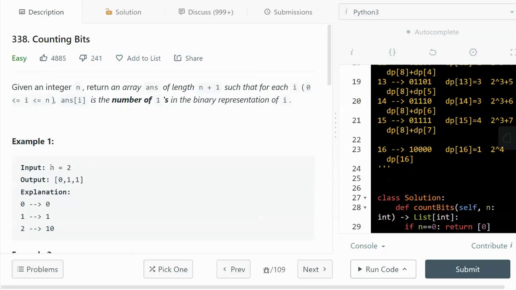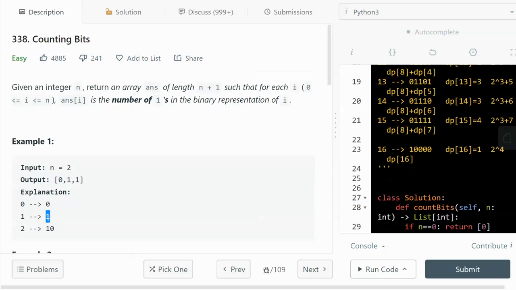So let's say you're given an input n of 2, and we have to go all the way from 0, 1, and 2, find their binary representation, and then count the number of ones in that representation. For example, the binary equivalent for 0 is 0, 1 is 1, and 2 is 10.